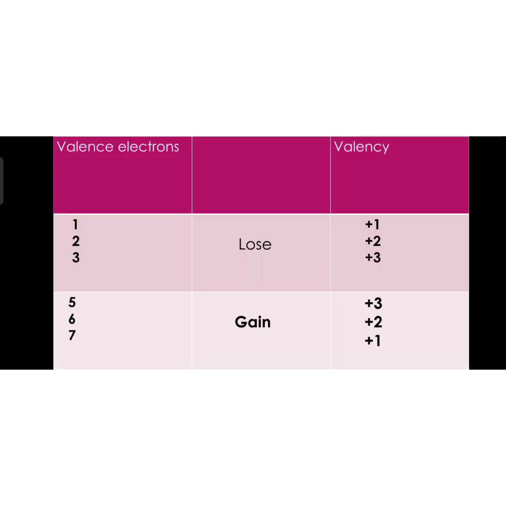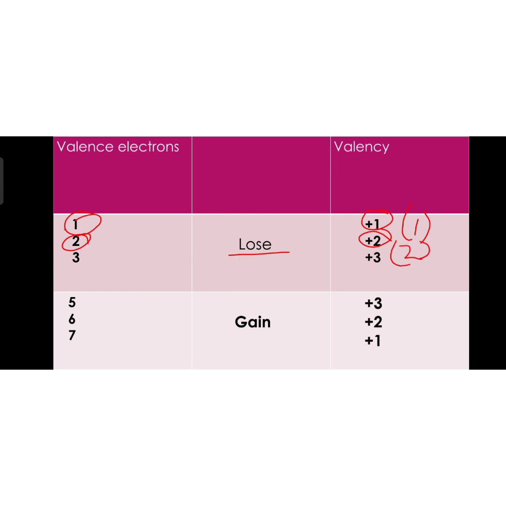Let's see, when an element has 1 electron in the valence shell, then it loses it and its valency is plus 1 or simply 1. Similarly, when there are 2 electrons in the valence shell, its valency is 2.